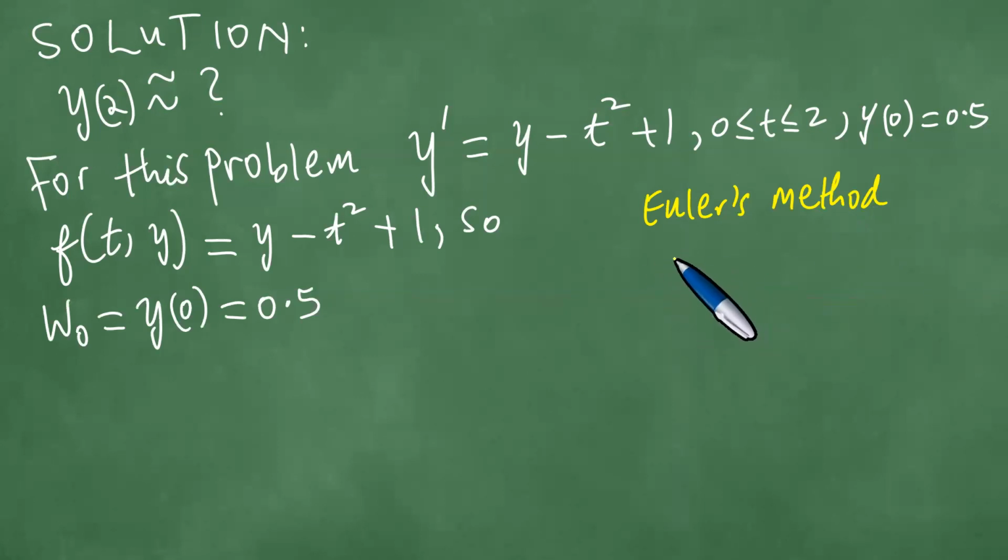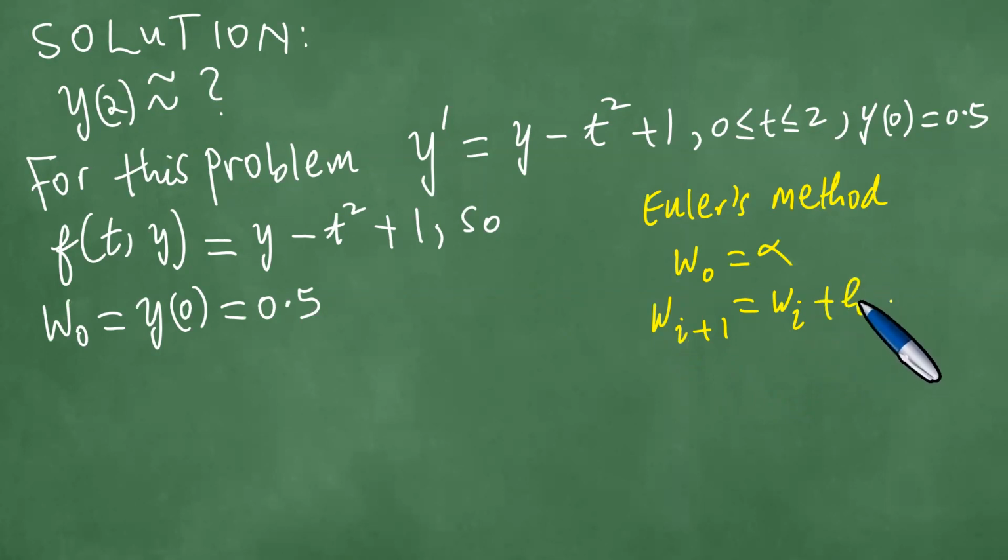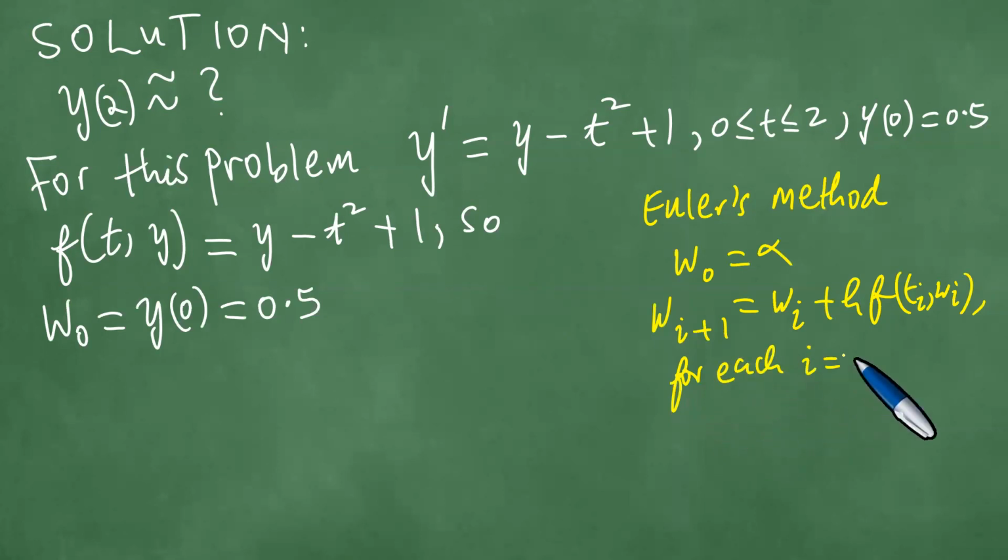Euler's method means that we say the initial value, and then we say how we find the successive values of the estimation: w sub i plus 1 equals w sub i plus h times f, a multivariable function, in this case of t sub i and w sub i. And this is true for each of the i's, where i is 0, 1 until n minus 1. So yeah, you have that.